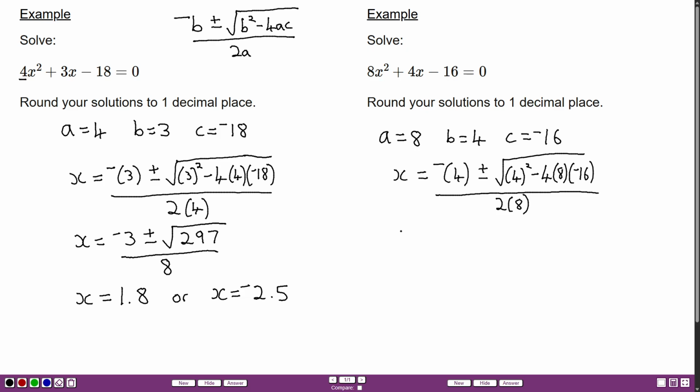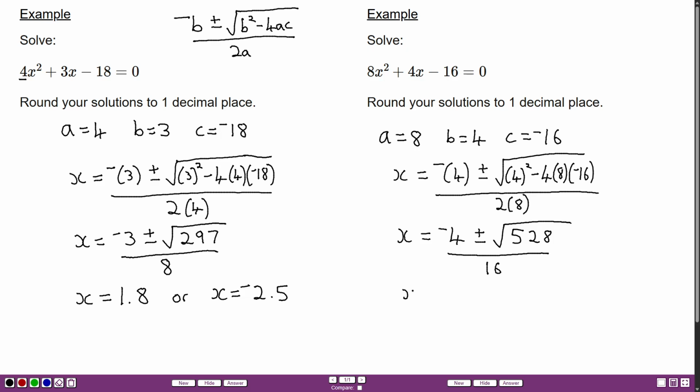And again, I'm going to simplify this a little bit then, so evaluate what I can. So negative 4, I'm going to get there. And it's going to be plus or minus, and I'm going to work out the square root bit here. Remember, there's a special name for it here, discriminant, if you ever do a further math than this. So 4 squared is going to be 16, minus 4 times 8 times negative 16. That comes out to be 528. And I'm dividing that by 2 times 8, which is just 16.